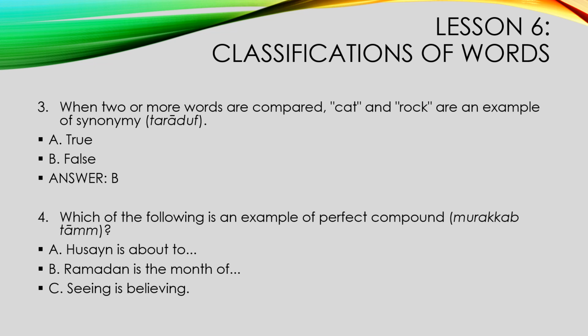Which do you think is the correct answer? A, B, or C? Okay, so it's obvious that the answer is C. Seeing is believing is the one which is an example of perfect compound, because the first two are not perfect compound.